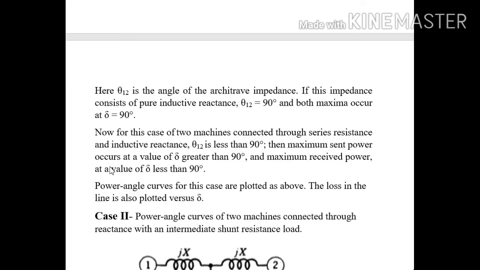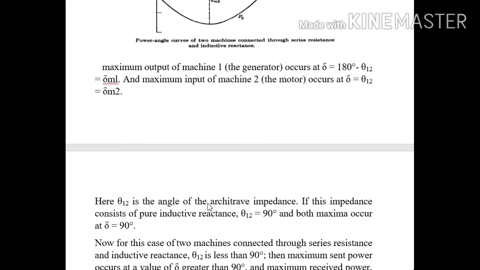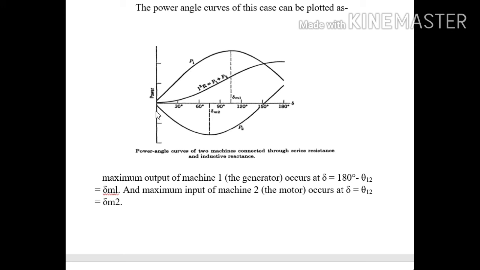Then the maximum sent power occurs at a value of delta greater than 90 degrees and the maximum received power at a value of delta less than 90 degrees. The power angle curves for this case are plotted as above. The loss in the line is also plotted versus delta as shown here. Is it clear?